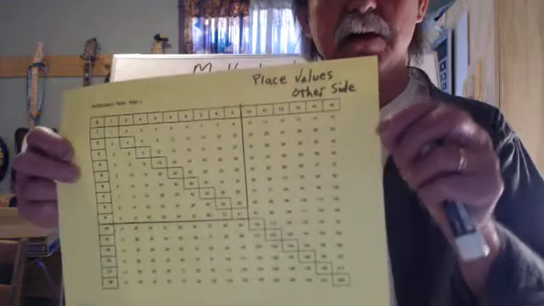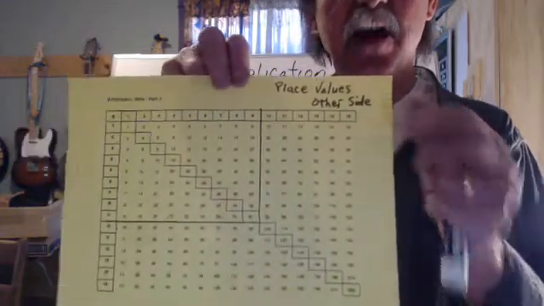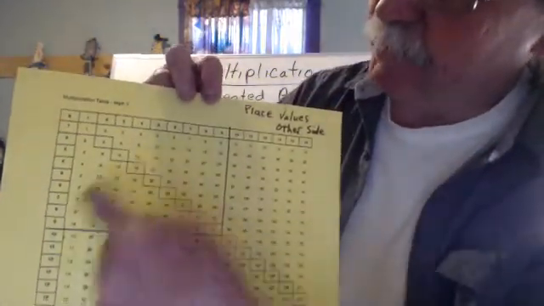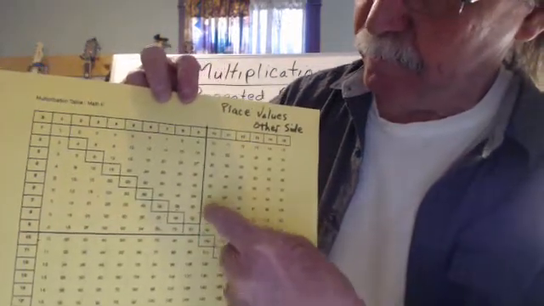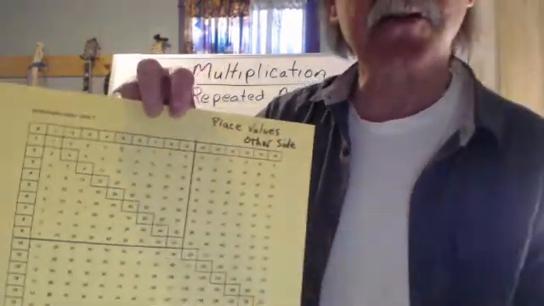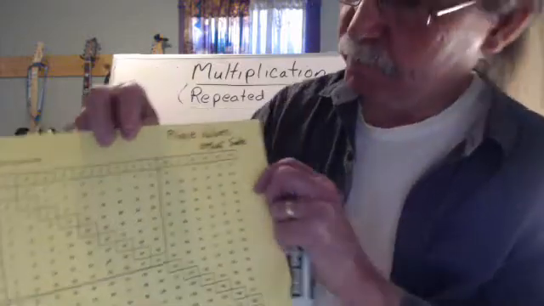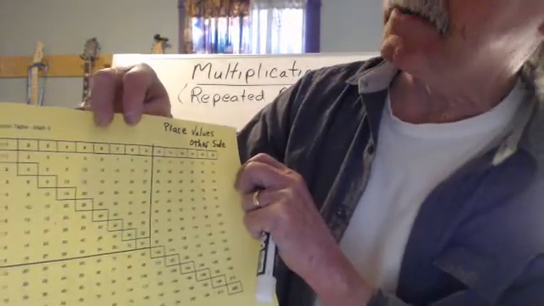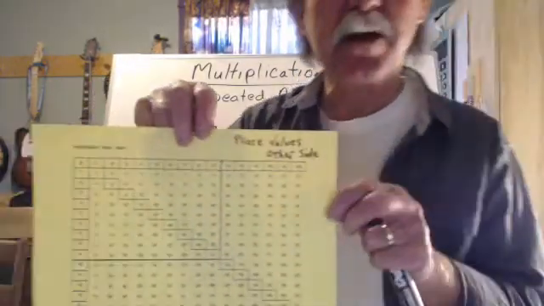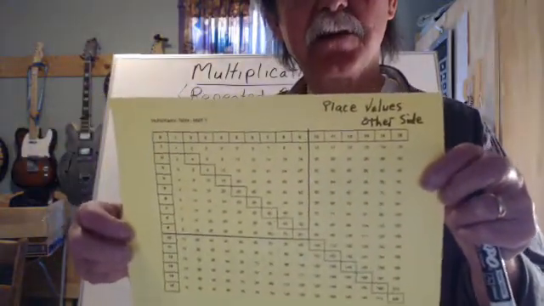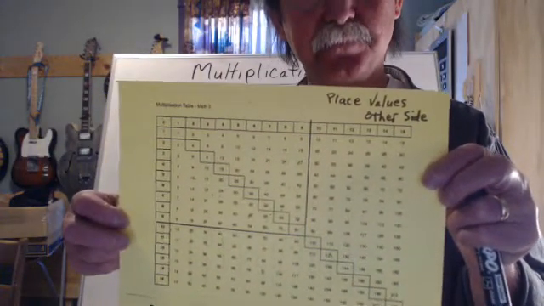Okay, notice that there's a couple things about this times table sheet. There's a big black line drawn across that top corner there. It goes up to the 9 times tables. And in my opinion, as humble as it is, that's all you need.